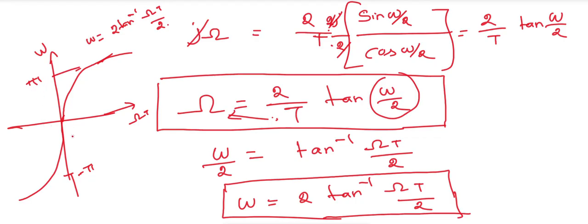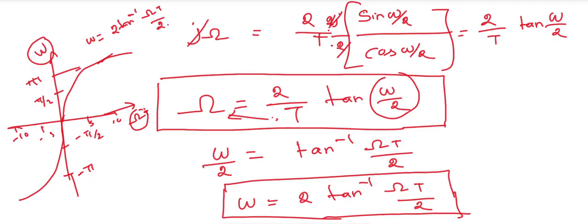So this is a mapping between the frequency variables, the digital omega and the analog omega.